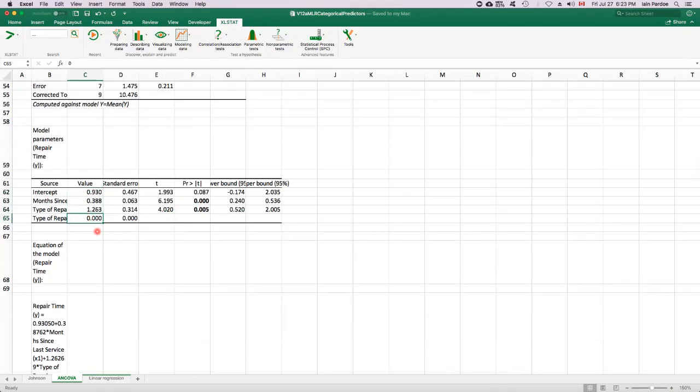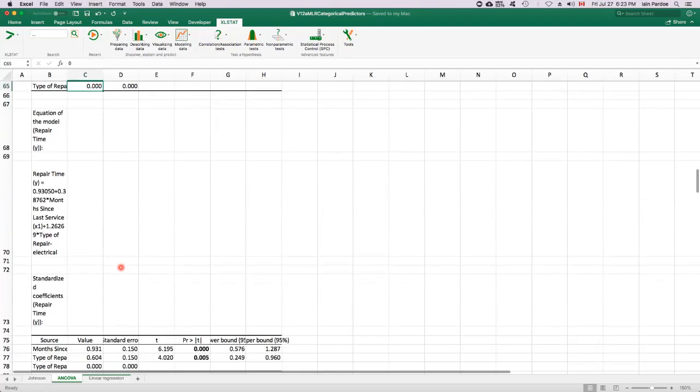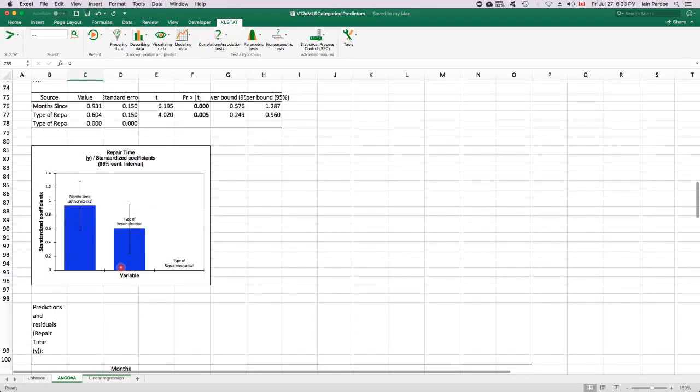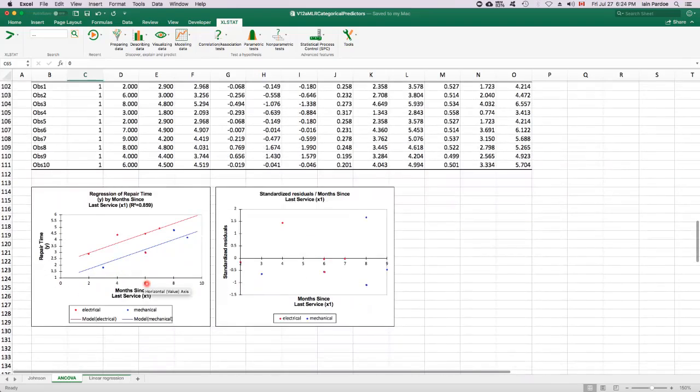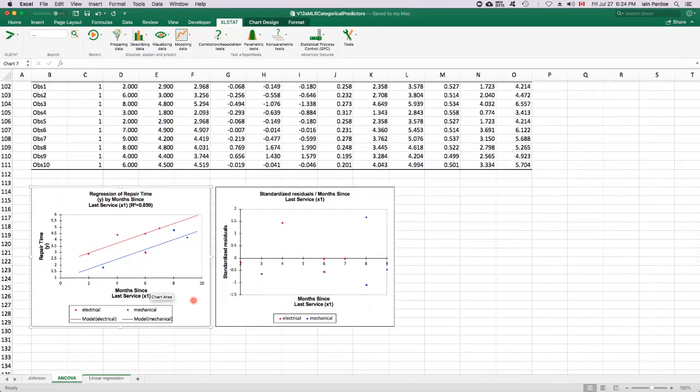This 0 here is because it adds a row to this coefficients table that's representing mechanical repairs where the indicator variable is 0. So that's why there are zeros here. But what's going to be new is this graph. It didn't draw this graph before, but now it does because it recognizes that this particular model can be represented like this as a graph with two parallel lines.